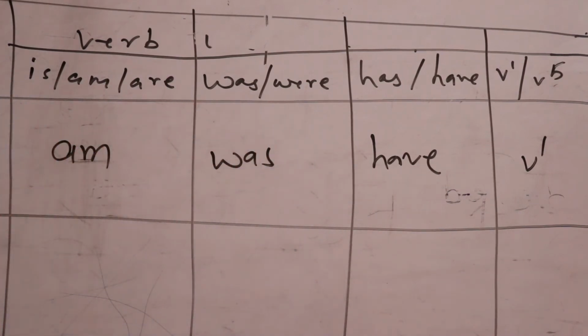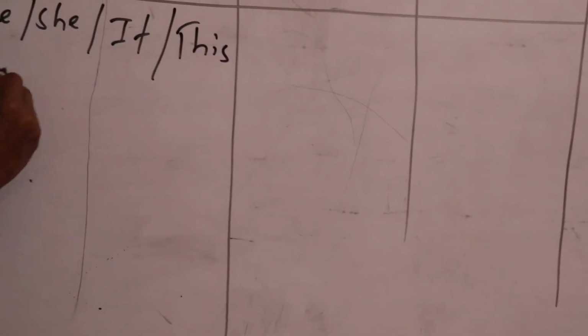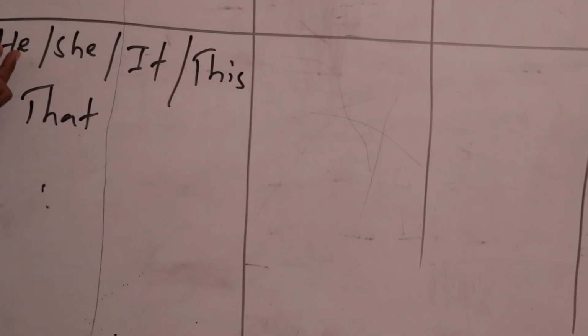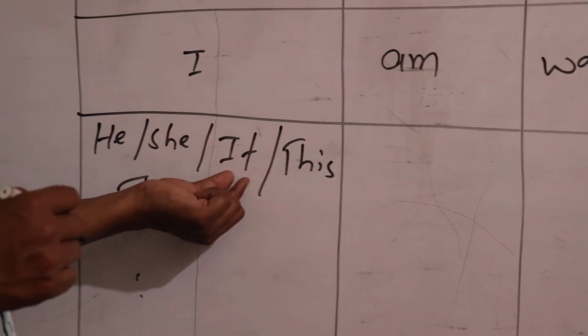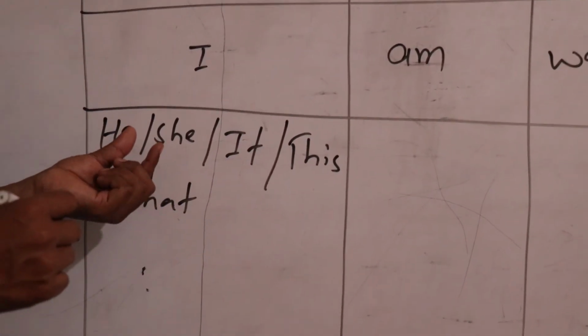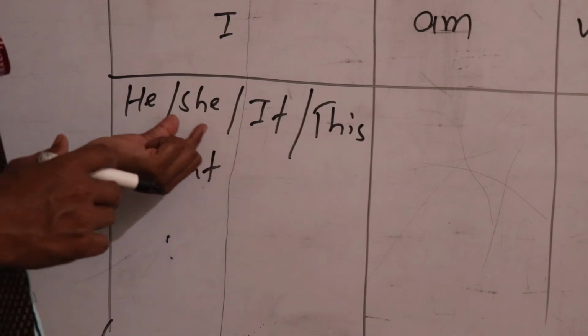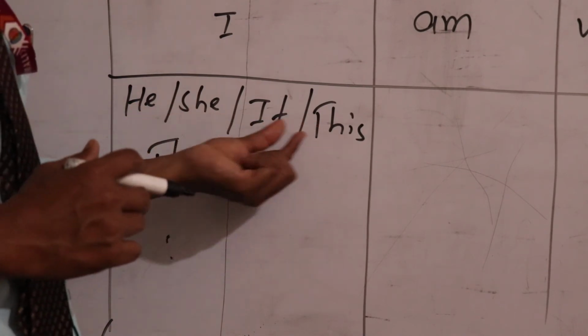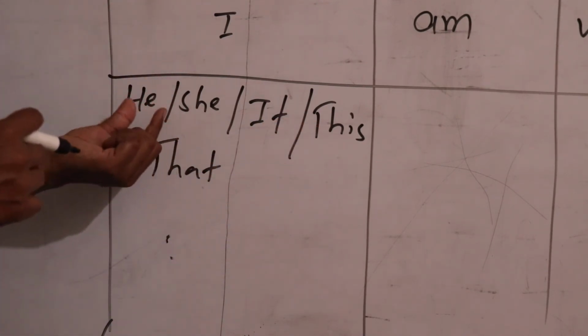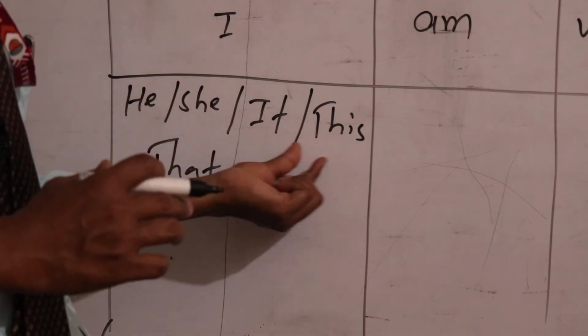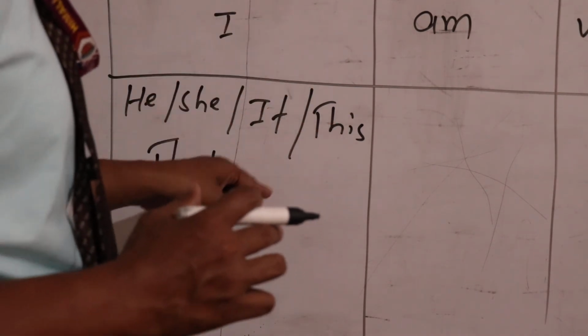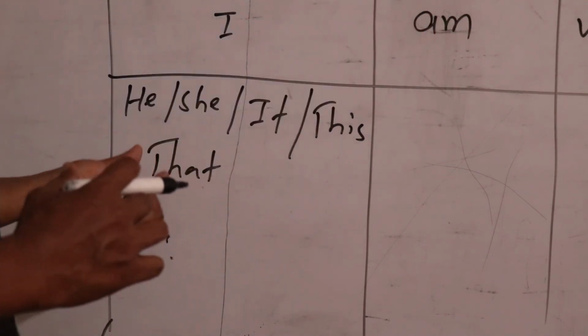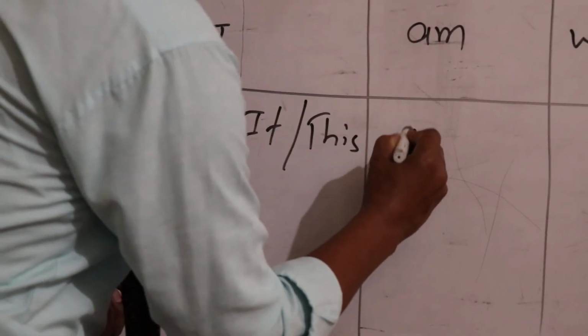Now the next subject is he, she, it, this, that. When there is a subject like he, she, it, this, that, from is, am, are, what will you select? We will select is.